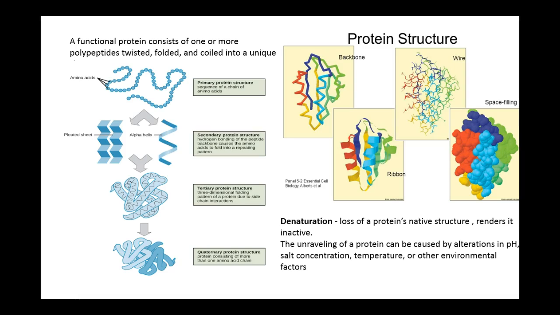Your blood is protein based, and that could possibly render them inactive, and you need those things very much. That unraveling, the denaturing, can happen because of an increased pH, salt concentration, temperature, or other known or unknown environmental factors. If it happens, it's generally not a good thing.